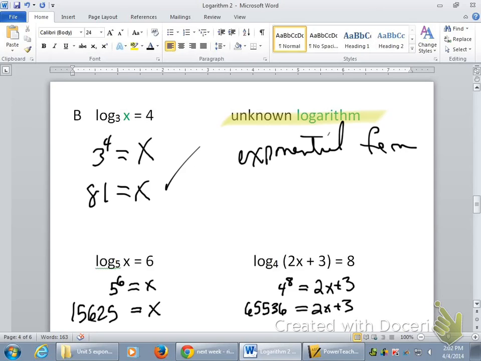And it's really just a Math 1, Algebra 1 problem, right? Subtract 3, and then divide by 2. 32,766.5. All right, and I believe you.